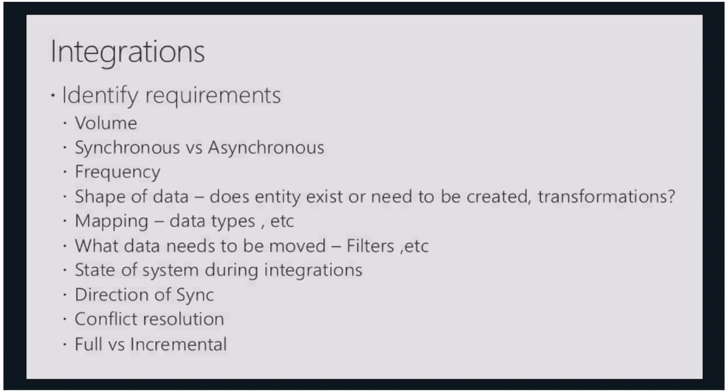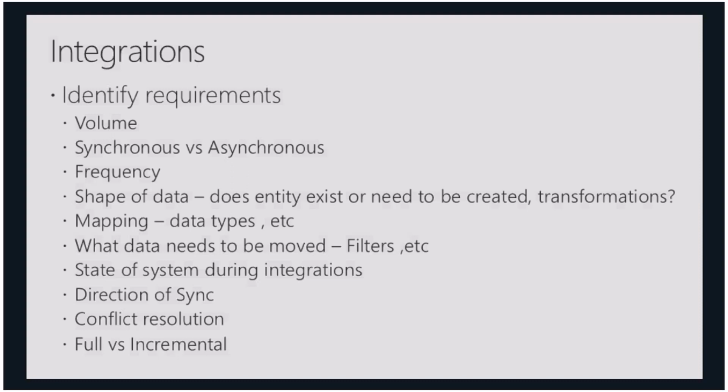Every time you integrate across multiple systems, of course, another question is the data types. As you know, within CRM and AX, data types are very different, so you will need to ensure that the mapping across those types and conversions are done in the proper way. Next thing you have to address is what data needs to be moved.